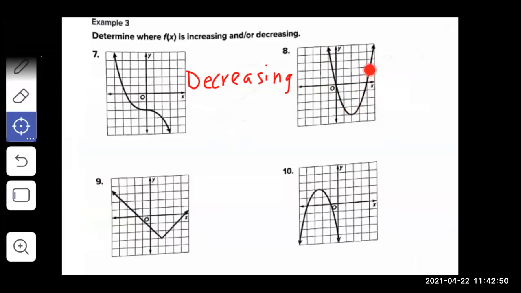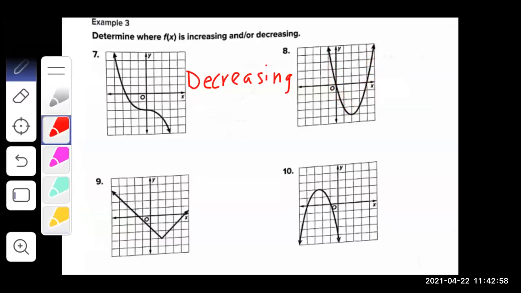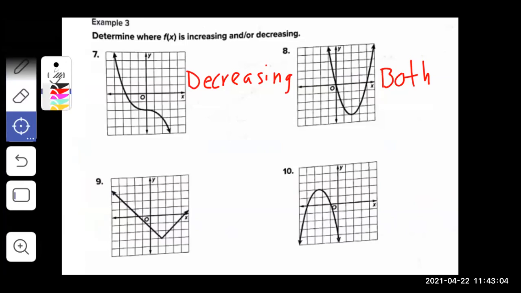But what happens here, guys? It's decreasing at this point and then increasing. It's both. We're going to say both instead of writing increasing and decreasing.